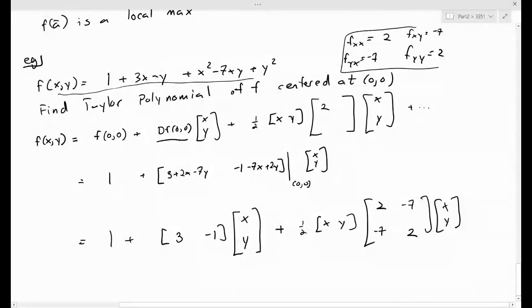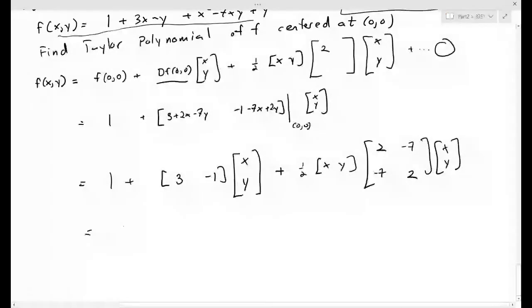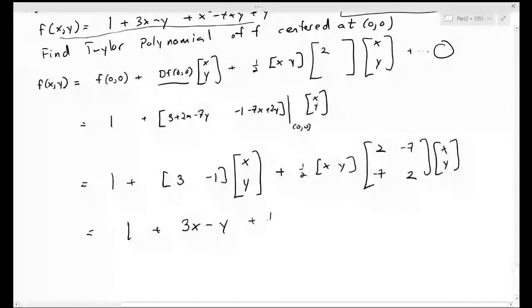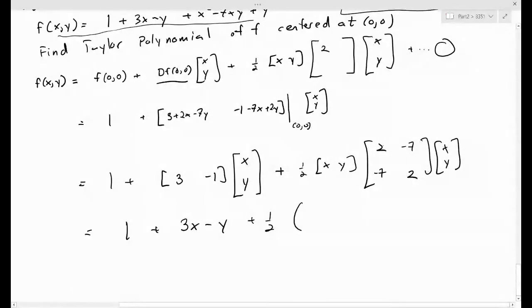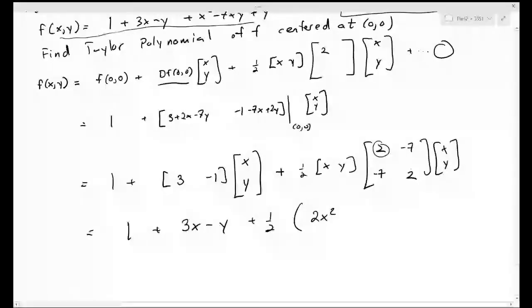If you had the third order derivatives, they would all be 0, right? Because the second order derivatives are constant. So if you keep differentiating, you just have 0. So nothing else is left there. So that's actually it. And we can multiply this out, and this would be 2x squared plus 2y squared, and then -7, -7, it's -14 xy.